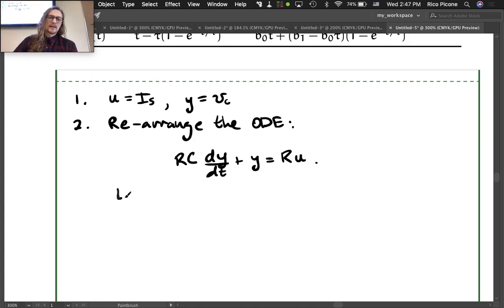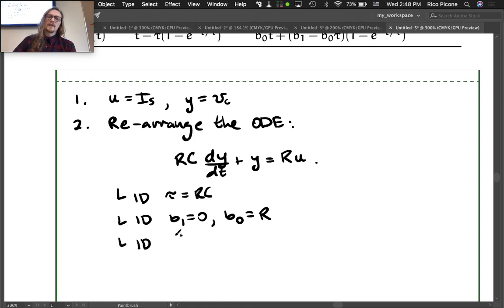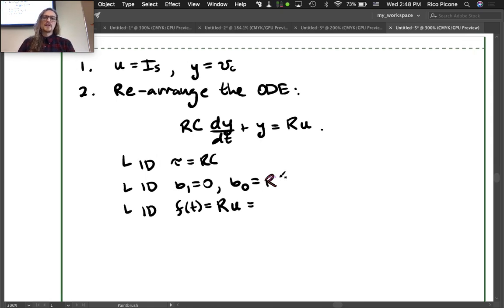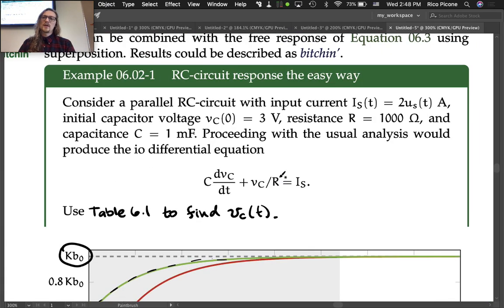We can identify that tau, our time constant, is RC, and also identify that our B1 is 0, which is to say there's no derivative of the input term here, and B0 is R. And I finally identify the fact that the forcing function is just R u, which is equal to R times the input, which is 2 times the unit step function.